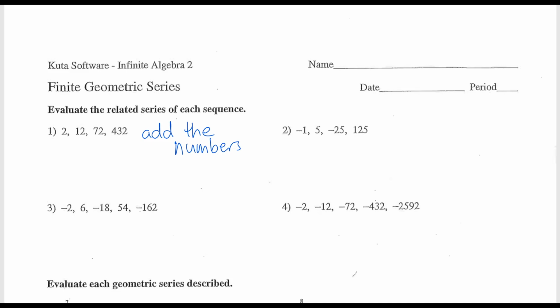I'm just going to use my calculator to speed it up a bit because there's not that many. 2 plus 12 plus 72 plus 432 equals 518. Okay. Just for you guys to show off the formula and how it relates to that.